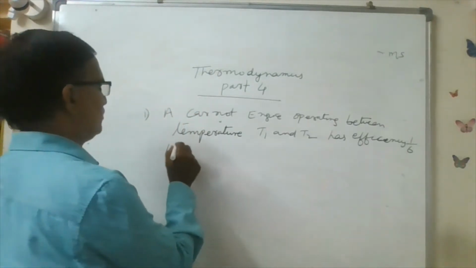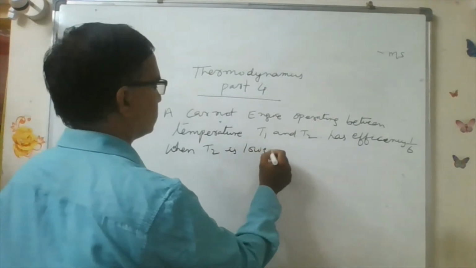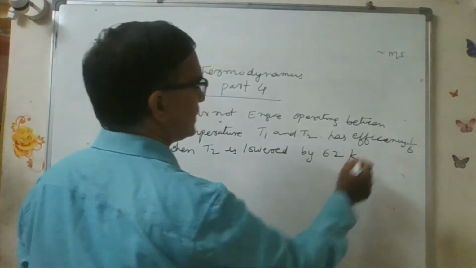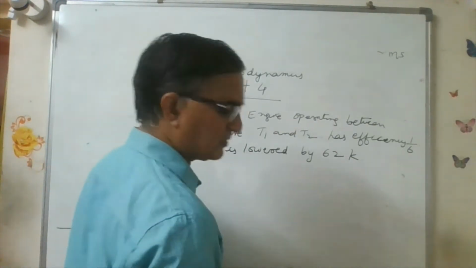When T2 is lowered by 62 Kelvin, its efficiency increases to 1/3.